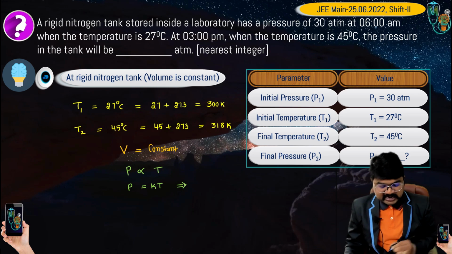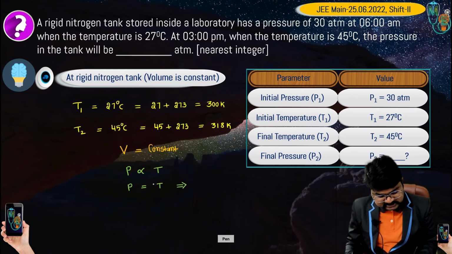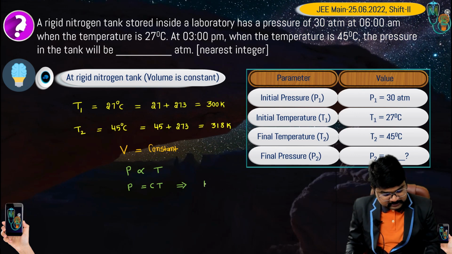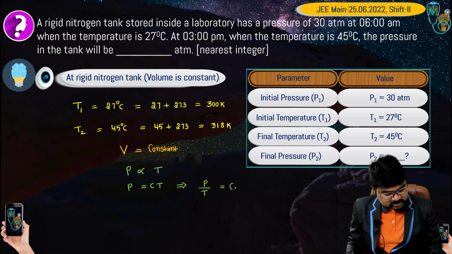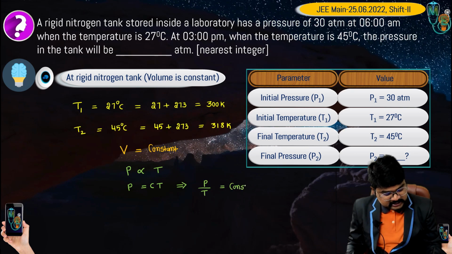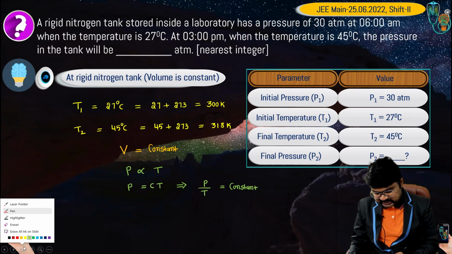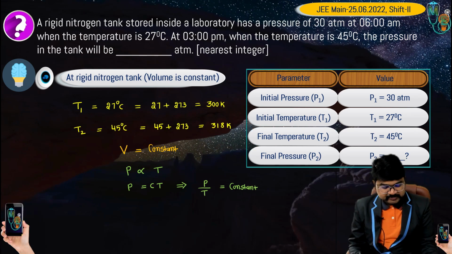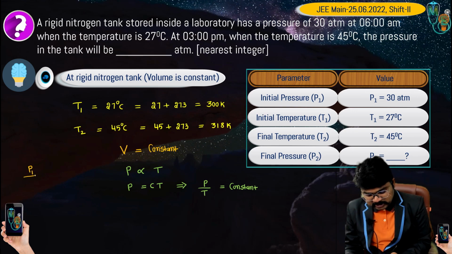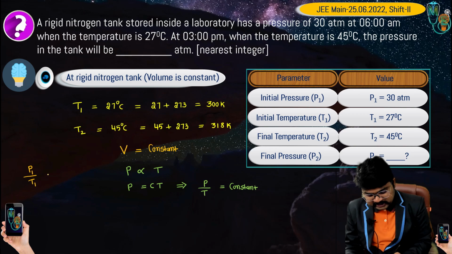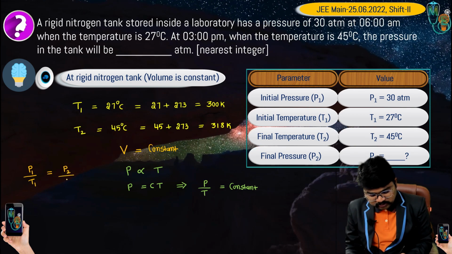You can say this is the constant generally in thermodynamics. P by T equals constant. Then I can directly write here P1 by T1 equals P2 by T2.